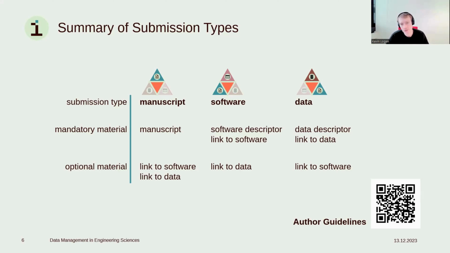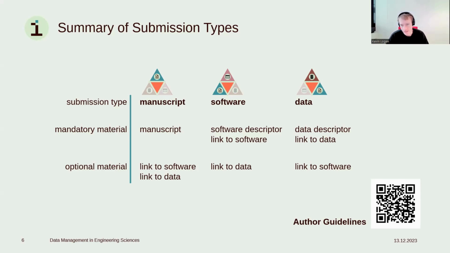Since we can only process manuscripts on ing.grid, you need to write a software descriptor that tells us the novelty of the software, the use case, the statement of need, etc. Similarly with the data, you can link to a repository that contains a data set that you want to publish. The data set is then considered the main publication, but we need to have a data descriptor to show up on the ing.grid web page.